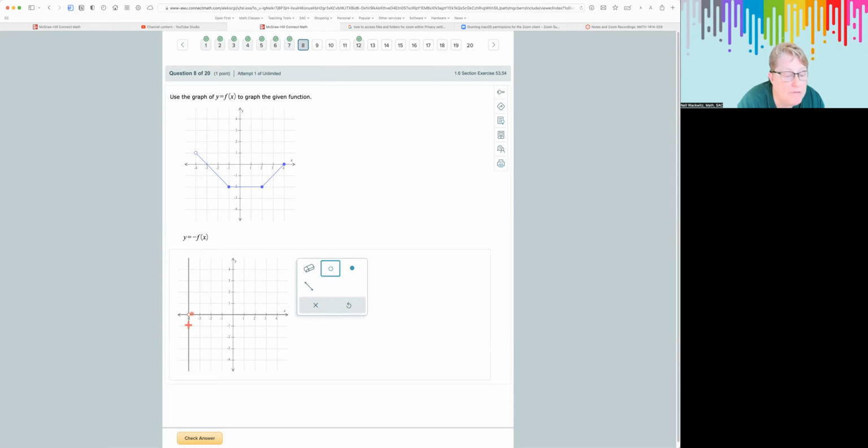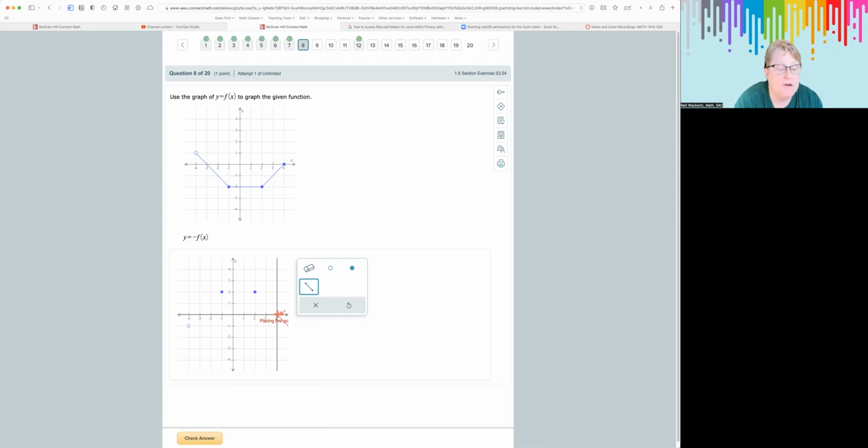That will become -4, -1. Then I'm going to pick up a solid dot. We have -1, -2. That will become 1, +2. And then we have 2, -2. That will become 2, +2. And 4, 0 stays 4, 0.